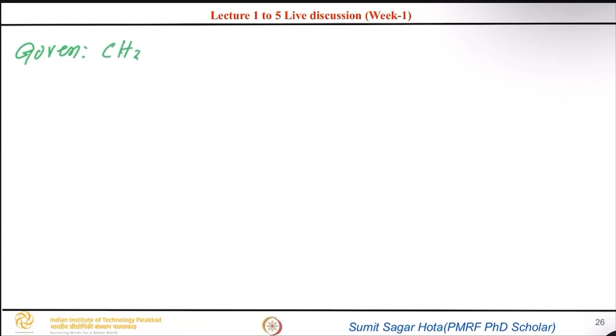Now we just focus on our problem. What is given? CH3OH and CH4 are the two fuel species given. Only these are given. What do we need to find out?